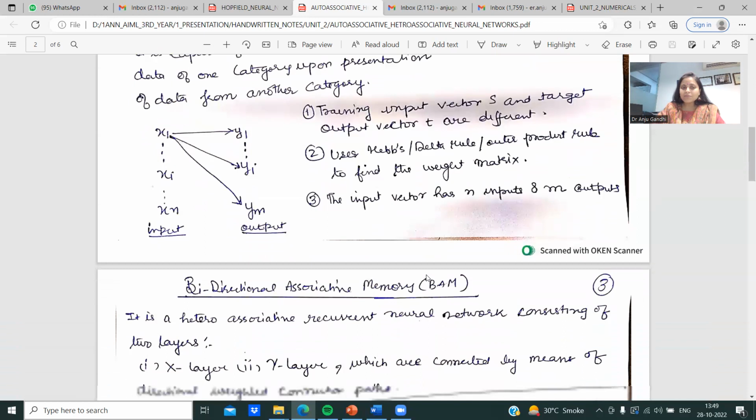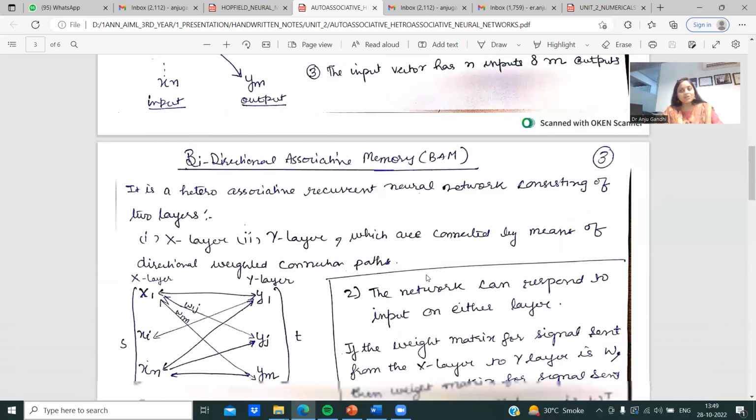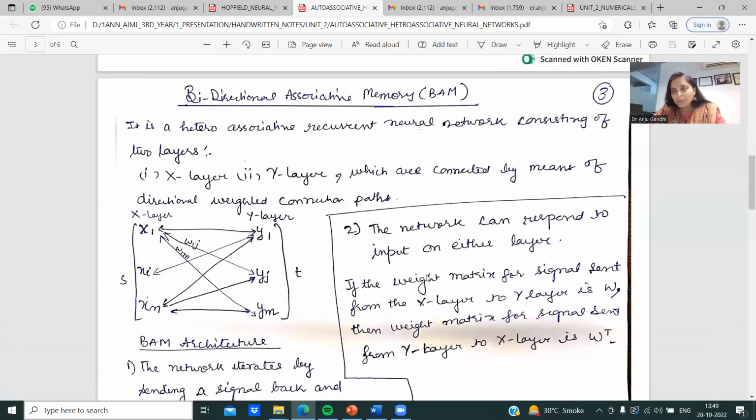Now, one very important topic in associative memories is the bidirectional associative memory, which is also known as BAM. It is a heteroassociative recurrent neural network consisting of two layers. We have studied auto-associative, we have studied hetero-associative, and now we are studying a bidirectional associative network.